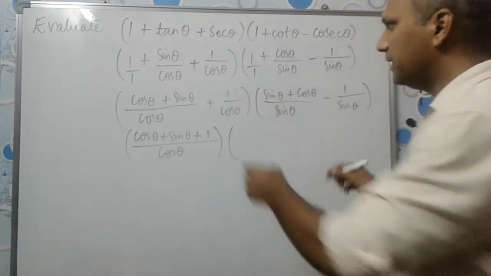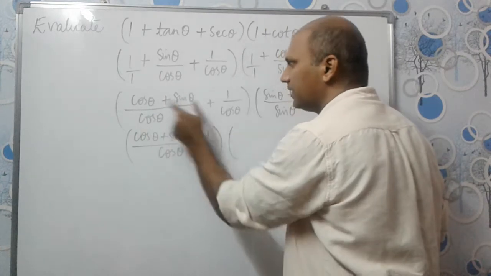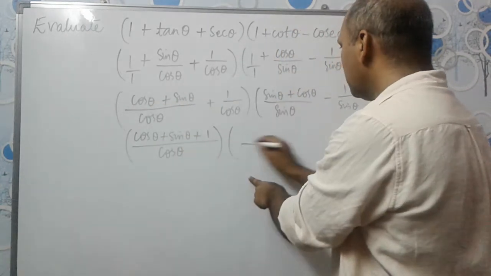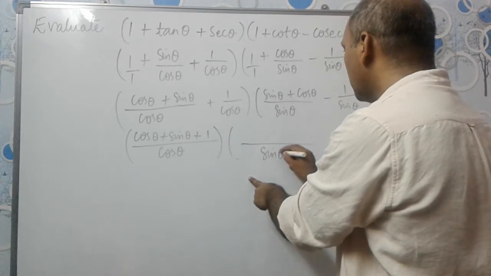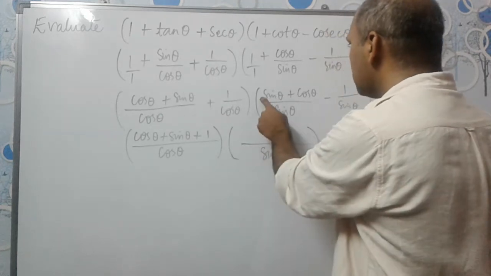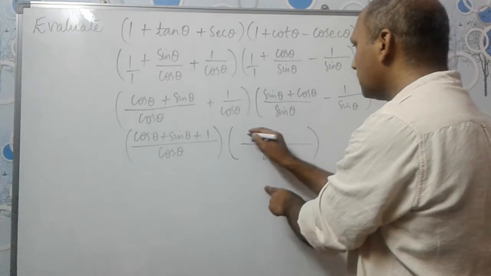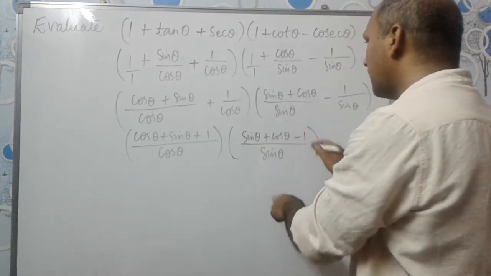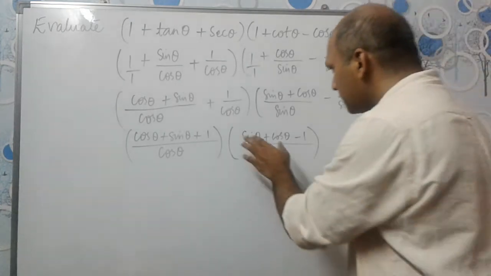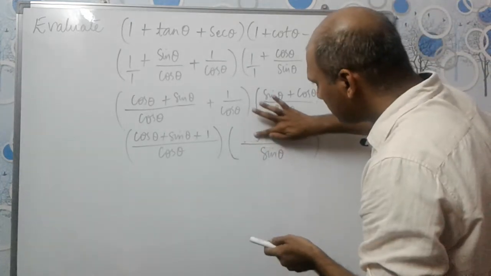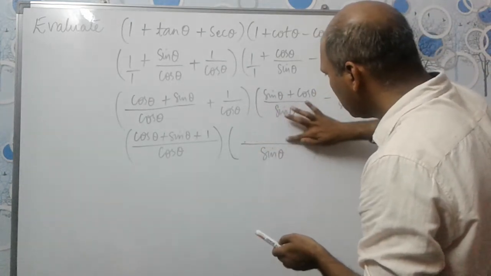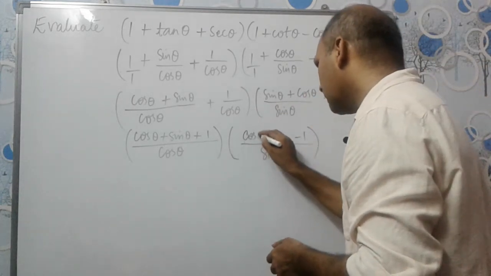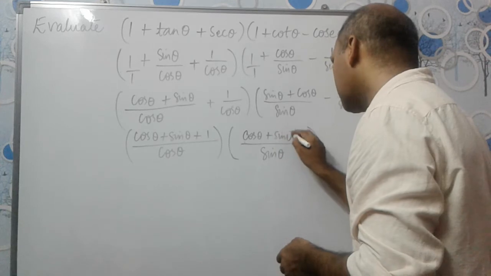Denominators are the same, so we are writing it one time, cos plus sin plus 1. Here denominators are the same, write it one time, sin plus cos minus 1. So this sin plus cos, I'll write it as cos plus sin.